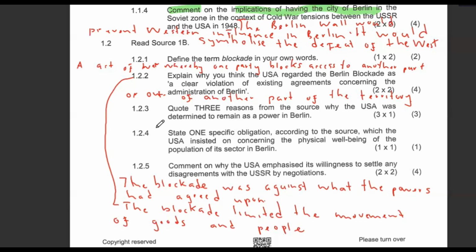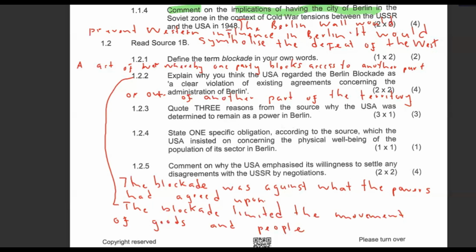Now, let's go to the next one, 1.2.3. Quote 3 reasons from the source why the USA was determined to remain as a power in Berlin. We know very well that the Berlin crisis is one of the most important incidents of the Cold War.